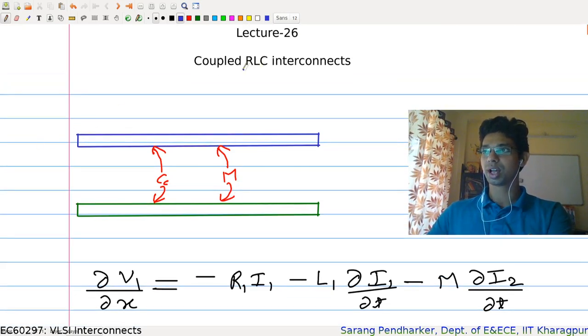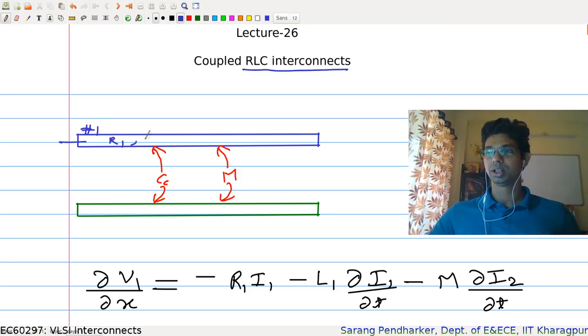Even though I am talking about RLC interconnects, please don't confuse this with the conductor and the ground planes type of things. This is one interconnect. So call it one. This interconnect has some resistance per unit length R1, inductance per unit length L1, and capacitance per unit length C1.